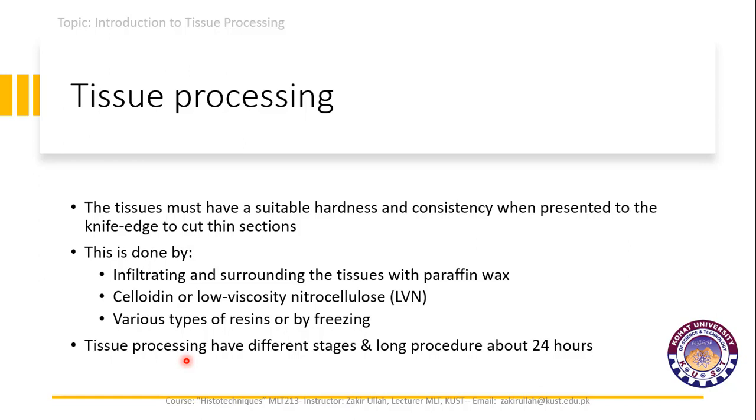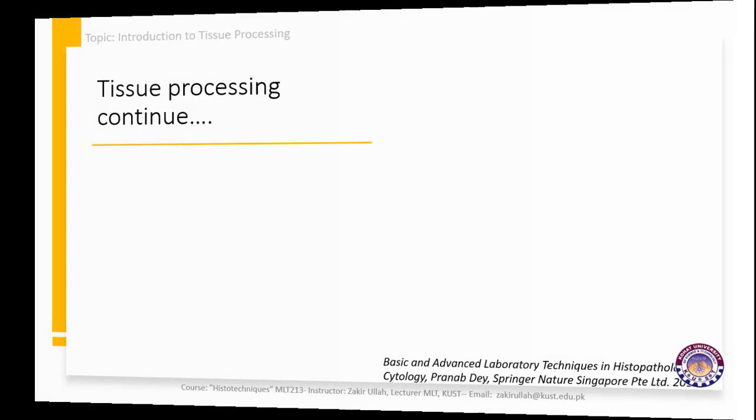Tissue processing has different stages and a long procedure. Routinely, it is performed in round about 24 hours in the routinely used machines.